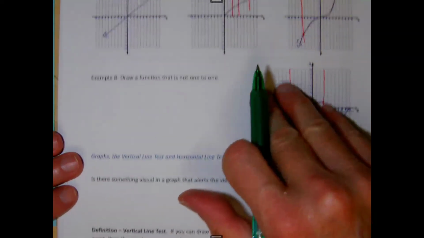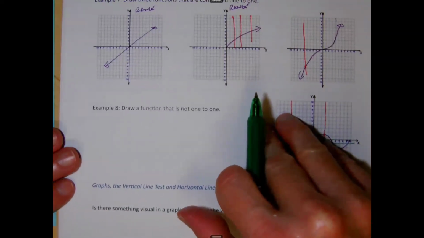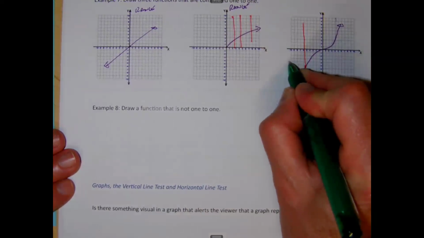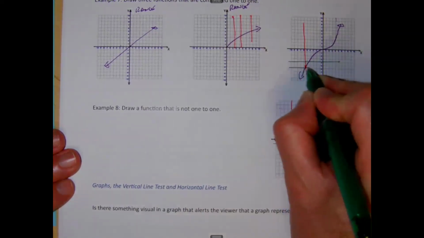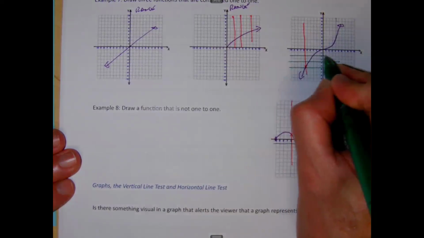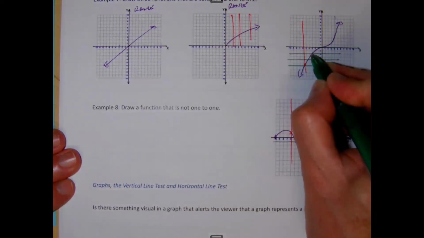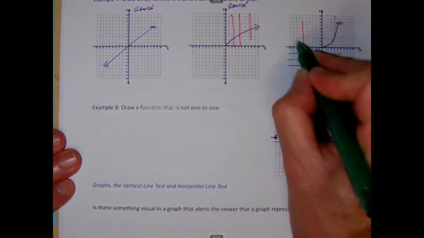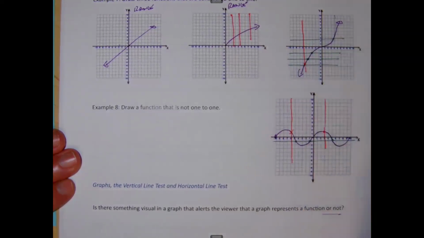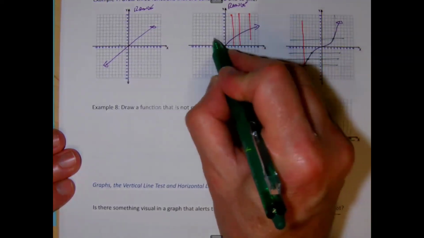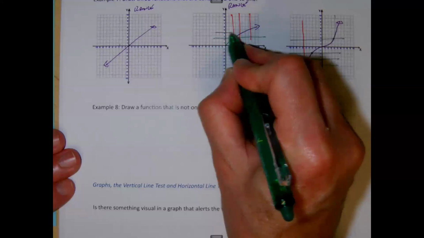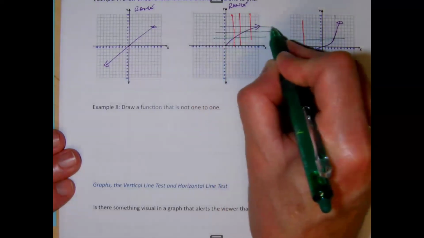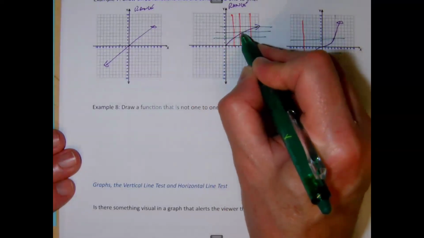What about the ones here that we said were one-to-one? Well, again, you can see the same scenario. Now I'm going to start drawing horizontal lines, and you see no matter where I draw it, it's crossing the graph at exactly 1 point. So this makes it one-to-one. Same thing with this one. Draw horizontal lines, and each time I'm only intersecting at 1 point.